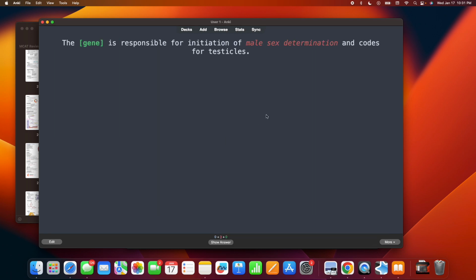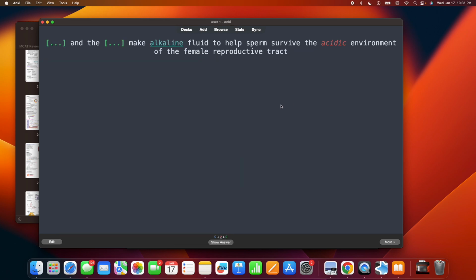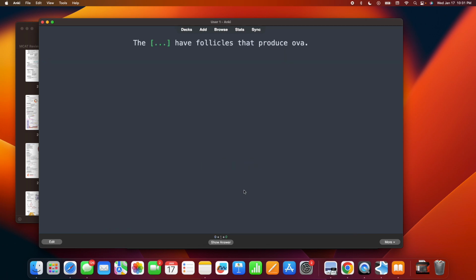What gene is responsible for initiation of male sex determination? So male sex determination is the SRY gene, sex determining region Y. What makes alkaline fluid? It's the prostate gland and the seminal vesicles, to help the sperm survive the acidic environment of the vagina, a female reproductive tract.